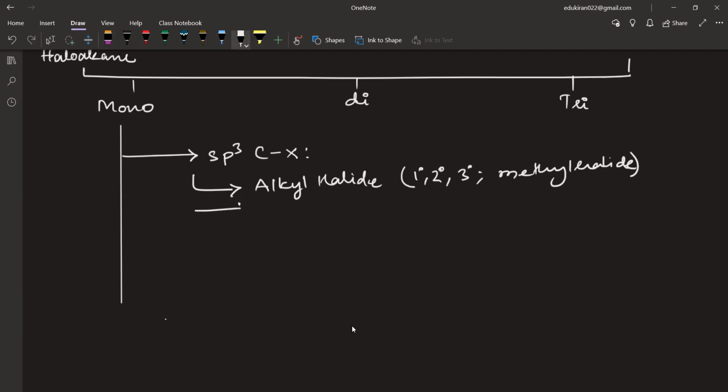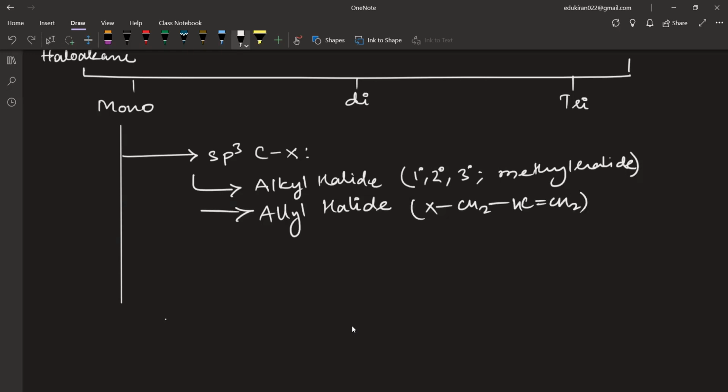Then you have another classification, again in sp3. What is the next one? It starts with A: allylic. You can also call allylic halide allyl halide. Now, what is allyl halide? It has a halogen connected to an sp3 carbon, which is further connected to an sp2 carbon, C double bond C, like CH double bond CH2.